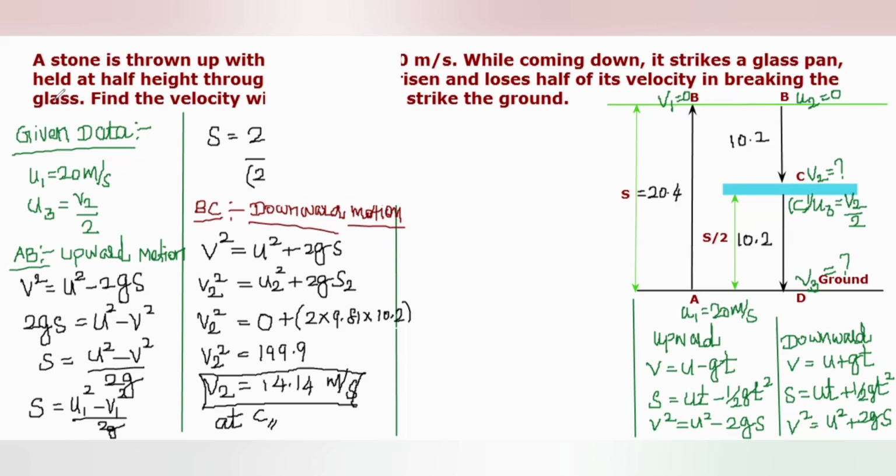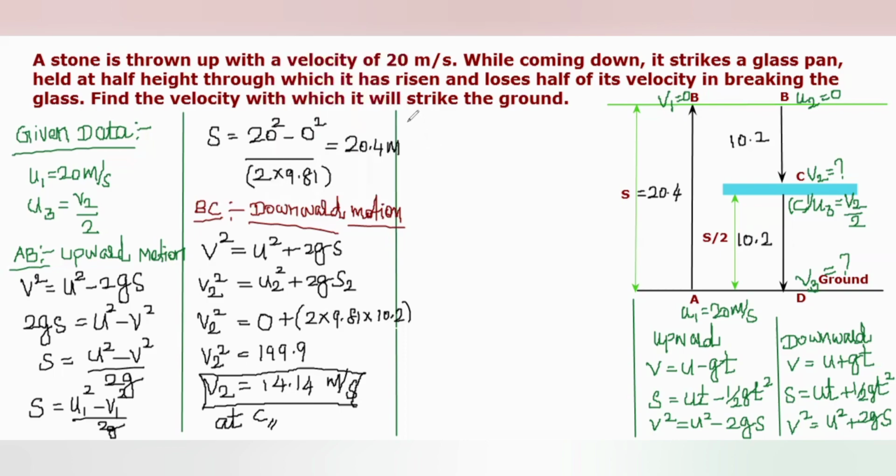So in the third segment, that is C dash D, we know that this is also the downward motion.